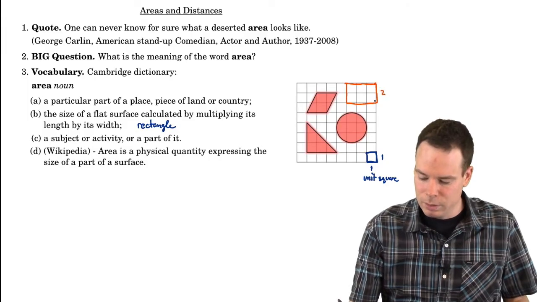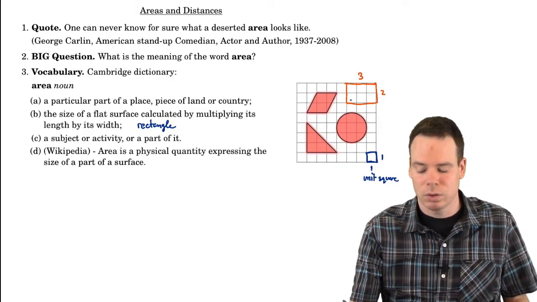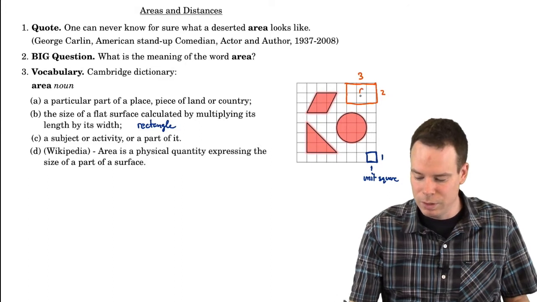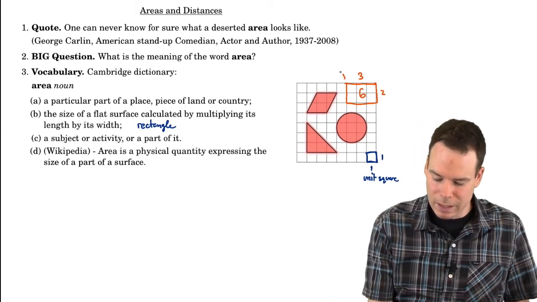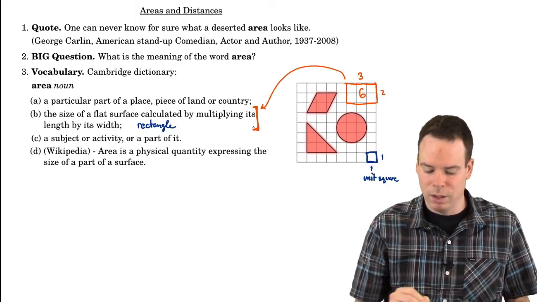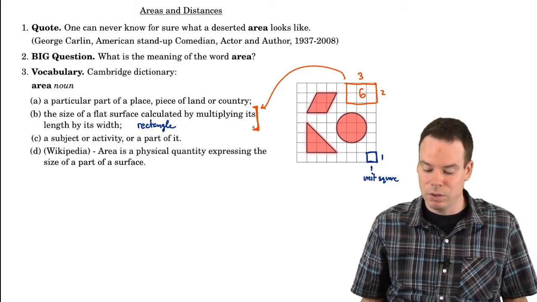And we see that the rectangle is 2 high, it's 3 wide, and it's got 6 squares inside it that fill it up, and we can get that value by multiplying the 2 by the 3. So this is exactly capturing this part of the definition of area. It's the area of a surface calculated by multiplying its length and its width. So that's for the rectangle.